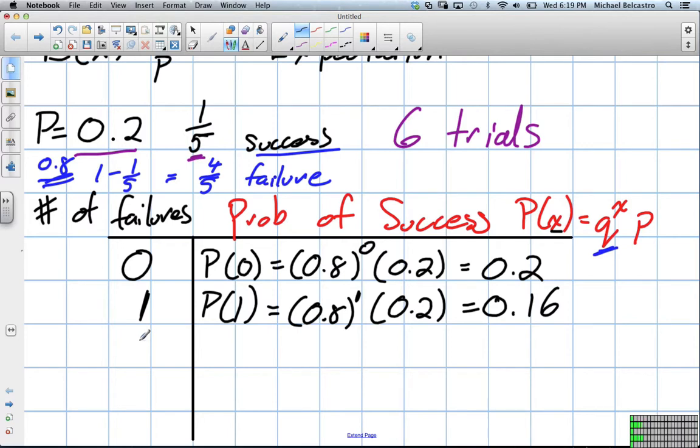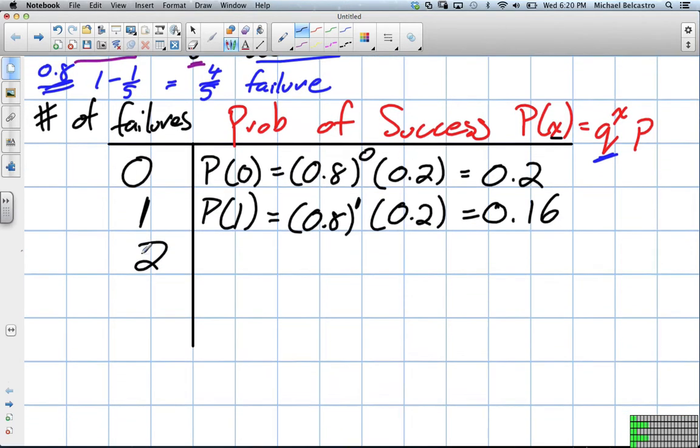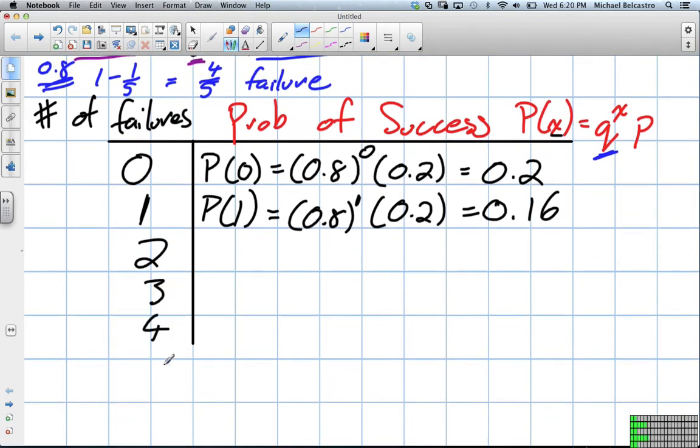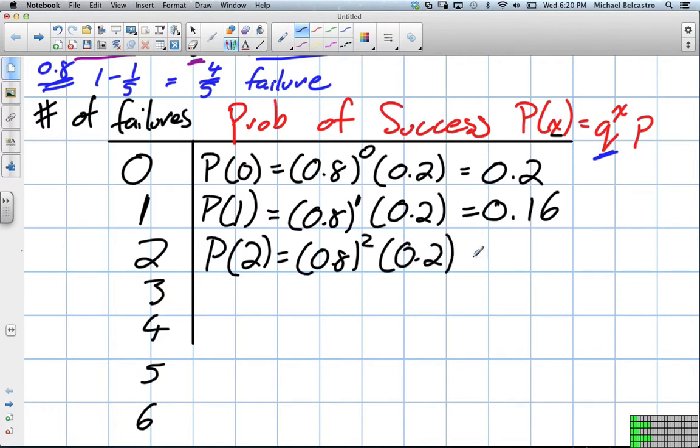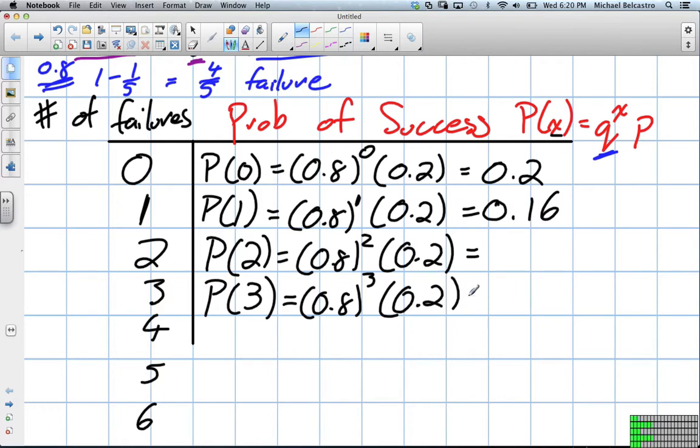We're going to go through all 6 trials quickly and see how this formula works out. So the probability of 2 failures first gives us 0.8 to the power of 2 times 0.2. Do you have a calculator with you? I want to calculate this as we go through. I'll write them out. The probability of 2 failures is 0.128.